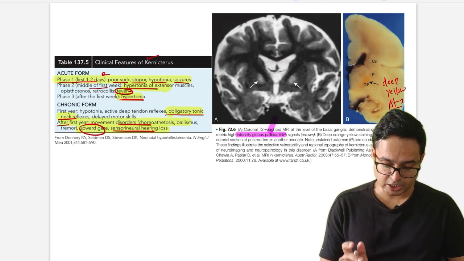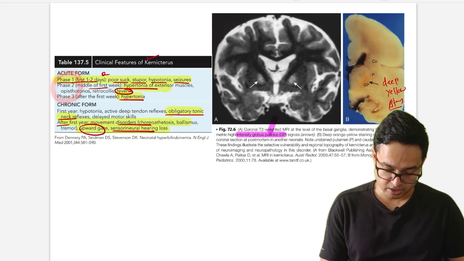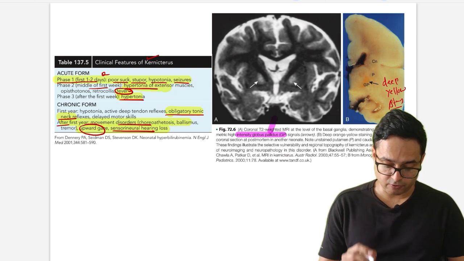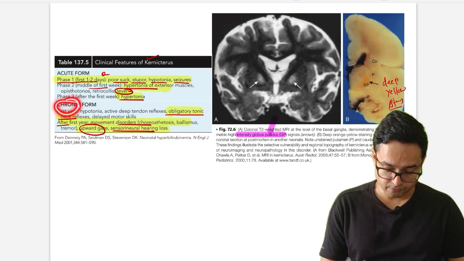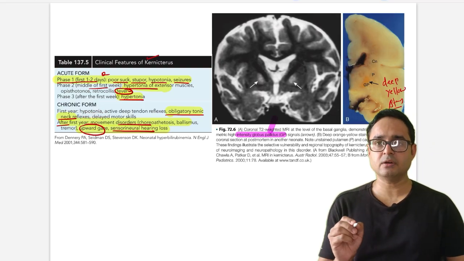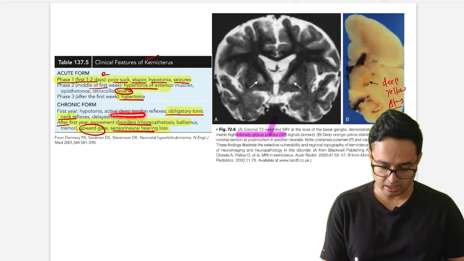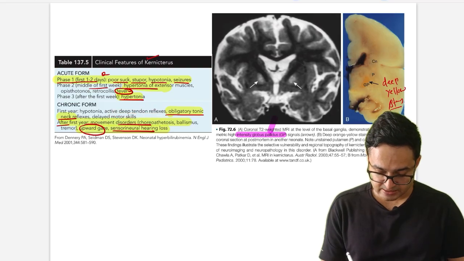So in the acute form, phase 1 has seizures and poor suck; phase 2 has hypertonia of extensor muscles and fever. Chronic form: what happens in the first year? Just remember, in the first year it is hypotonia, active deep tendon reflexes, obligatory tonic neck reflexes and delayed motor skills.